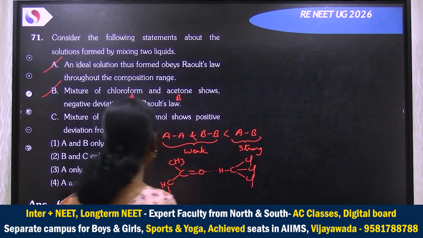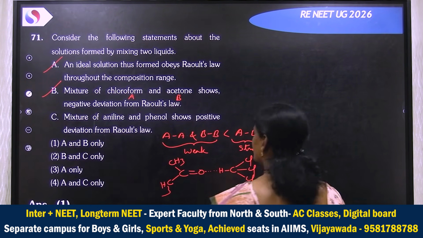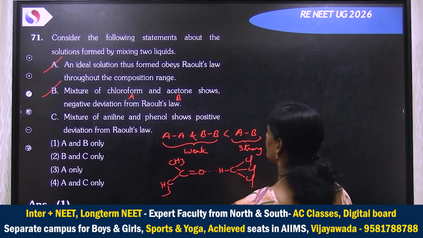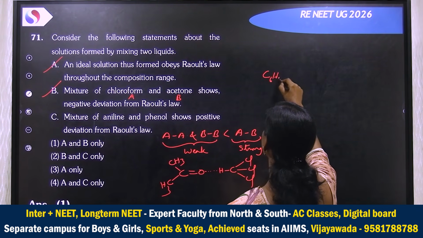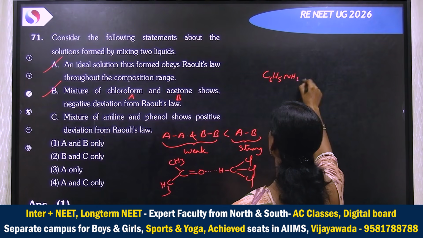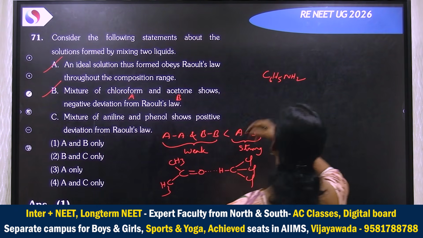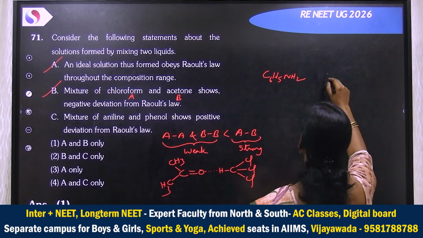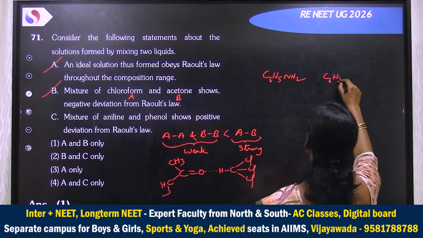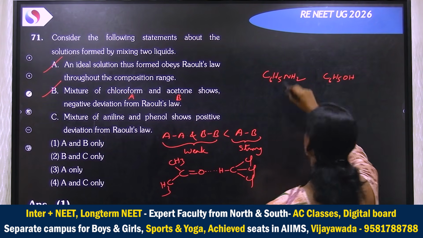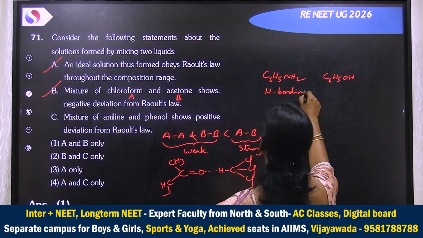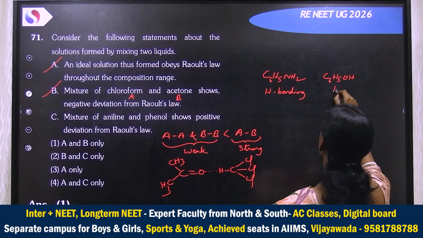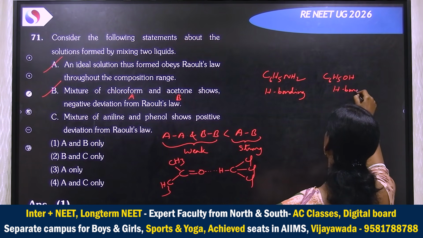So what happens when aniline and phenol, the two liquids, are mixed? Aniline is an organic compound C6H5NH2, and phenol is also an organic compound C6H5OH. So between two aniline molecules, hydrogen bonding is there, and between phenol molecules also there is hydrogen bonding.